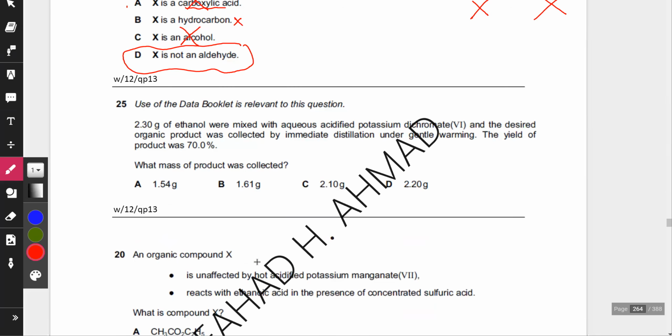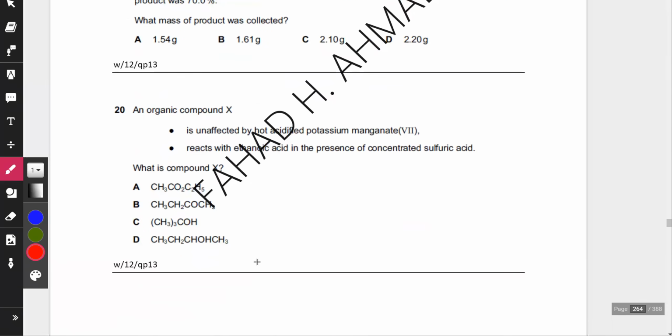So let's just do one more question. He's saying that organic compound X is unaffected by hot acidified potassium manganate(VII). So anything that gets oxidized, this is not it, which means it's not an alkene, it's not an alcohol. I mean, it could be a tertiary alcohol. Anything that is resistant to oxidation. Anyway, the board is not writing, so I'm just going to explain it here.